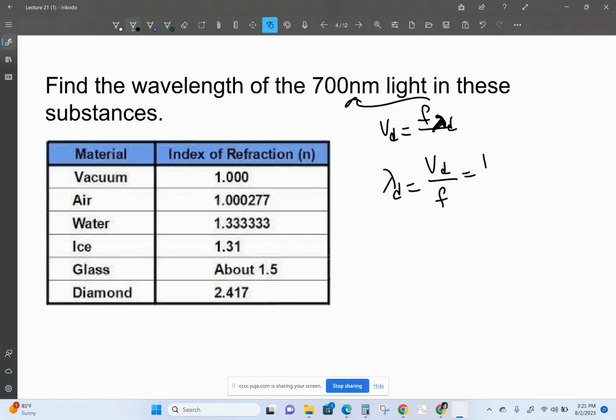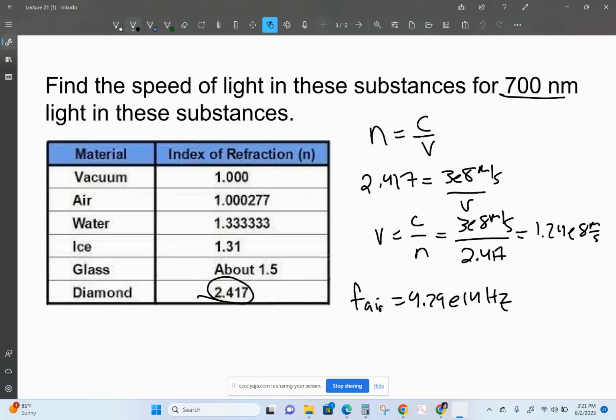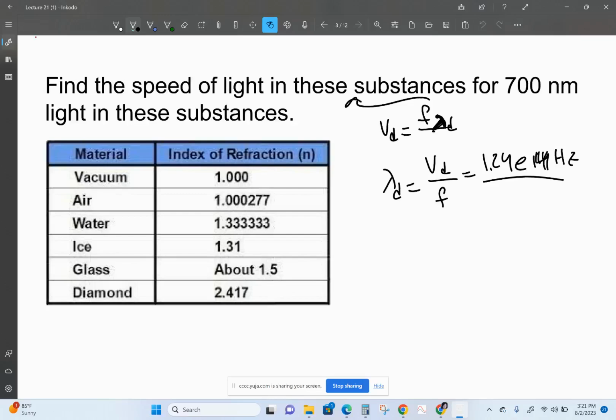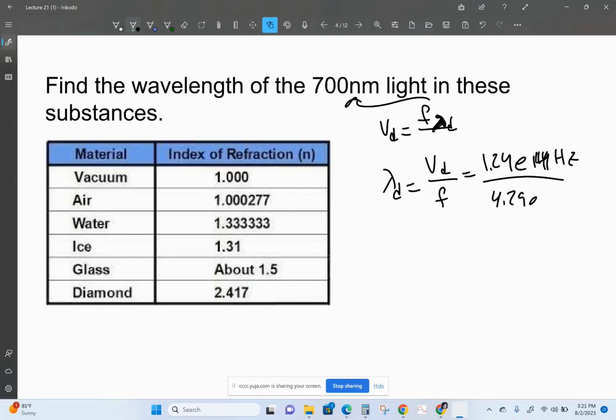Well, the velocity is 1.24e to the 8th meters per second, and the frequency, if I remember correctly, is 4.29e to the 14 hertz. I screwed that up earlier, sorry.